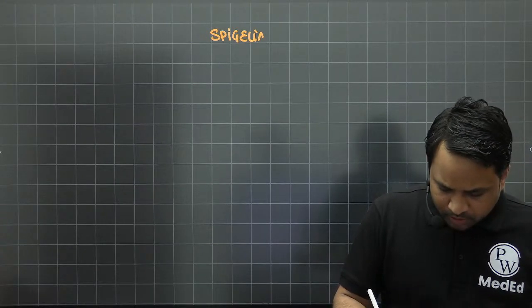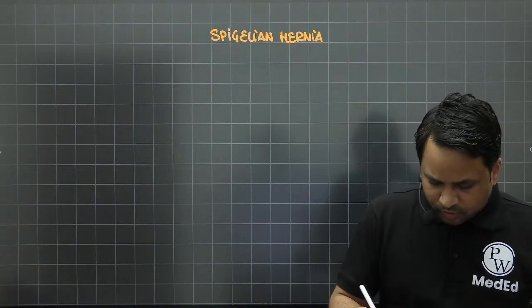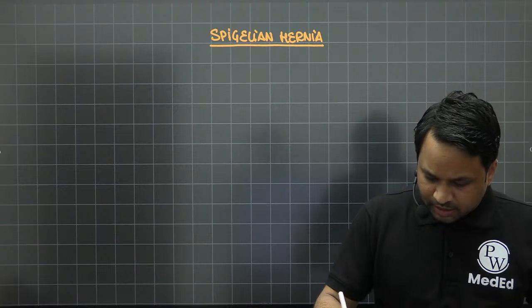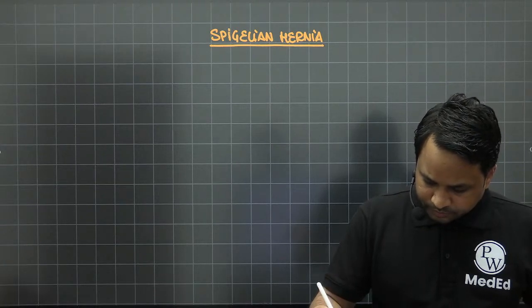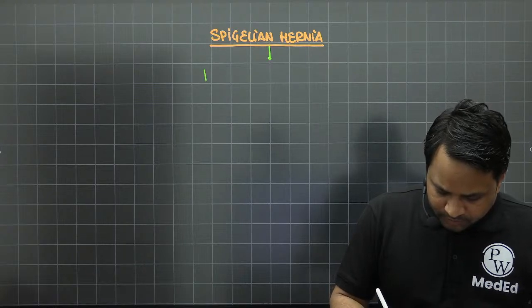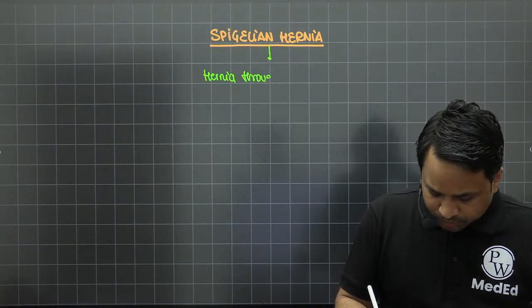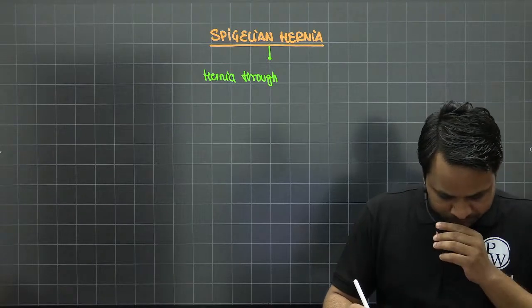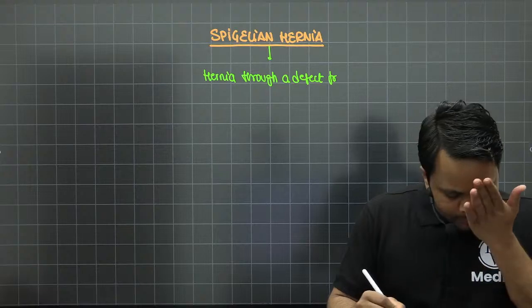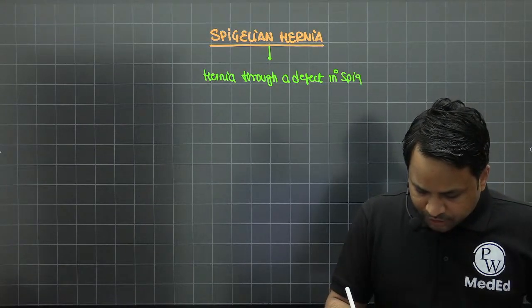So we're talking about the Spigelian hernia. First of all, what is a Spigelian hernia? It is a hernia through a defect in the Spigelian fascia.